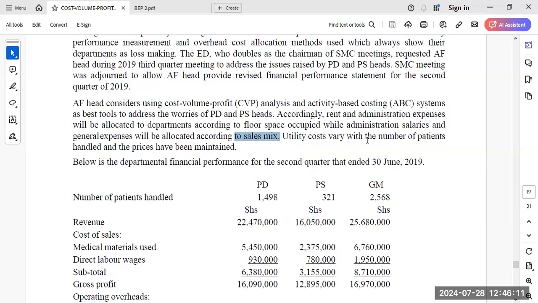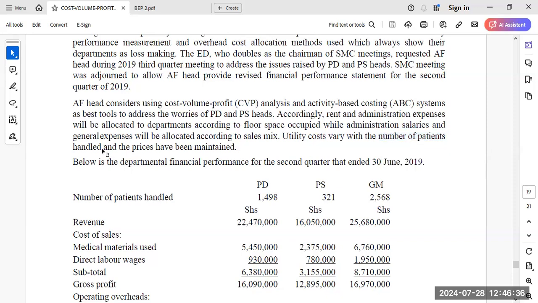Utility costs vary with the number of patients. This is also very key. Utility costs vary with the number of patients handled. It means that these utility costs are not fixed costs because they are based on the number of patients handled.